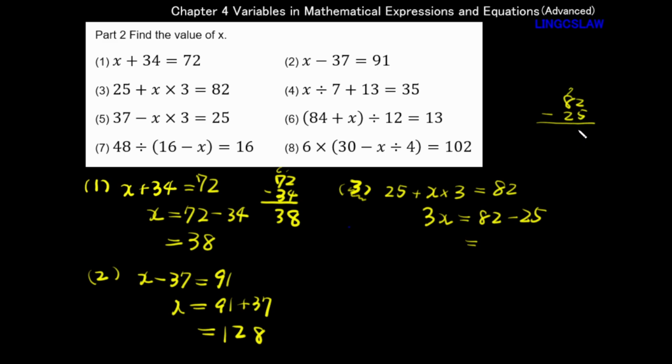Okay, 12 minus 5 equals 7. And 7 minus 2 equals 5. 57. Now let's divide both sides by 3. x equals 19.